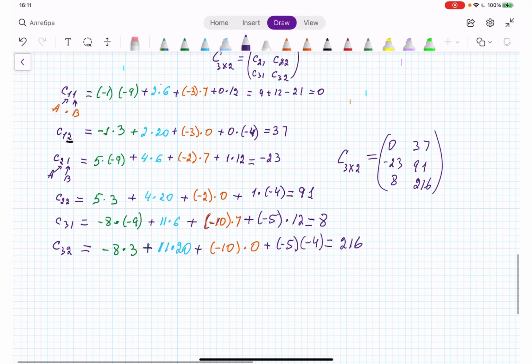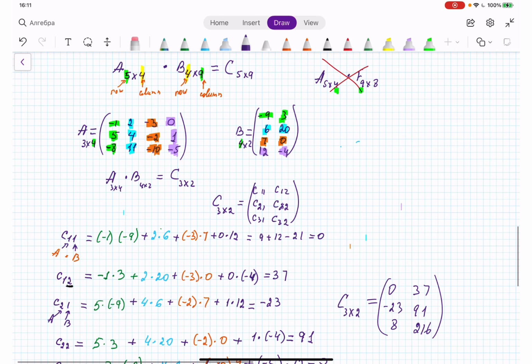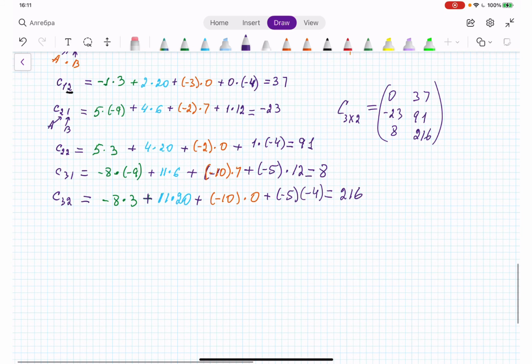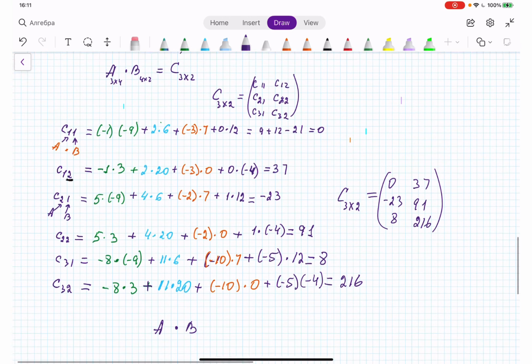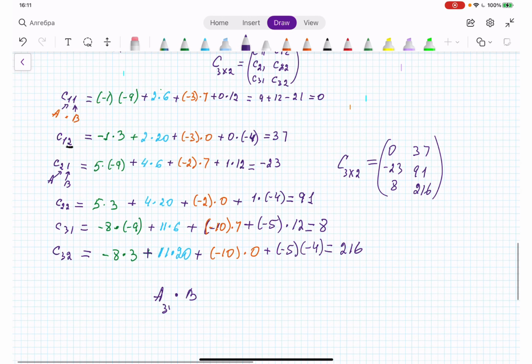Okay? A times B, where A is 3 times 4, B is 4 times 2. We are getting C 3 times 2, which is equal here 0, 37, negative 23, 91, 8, and 216.